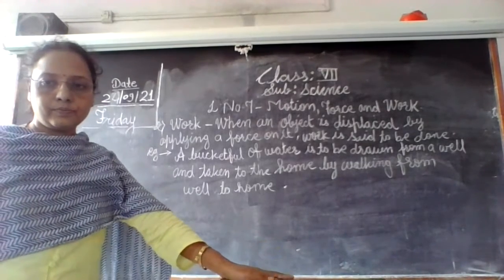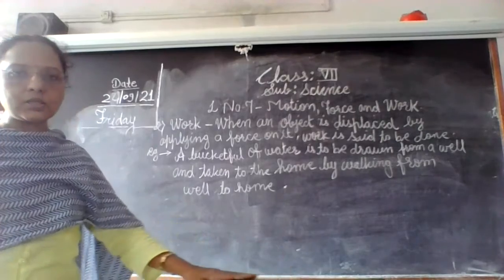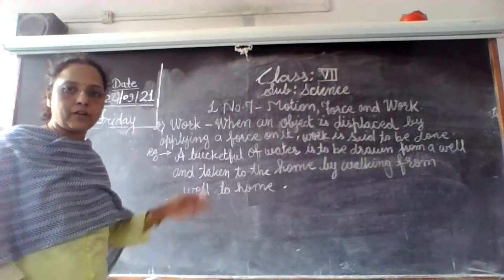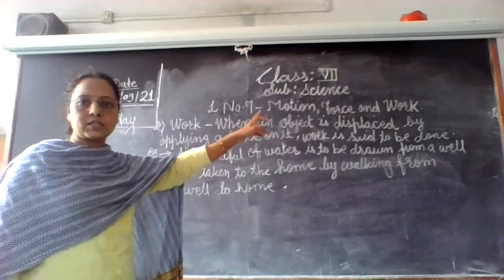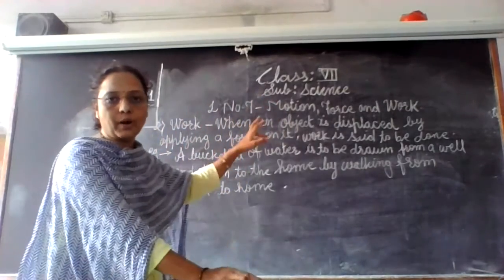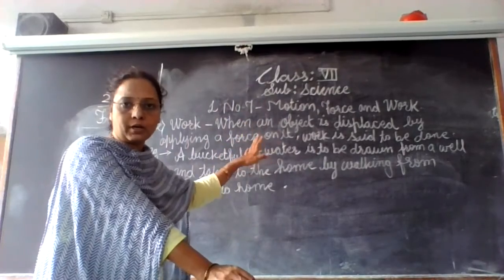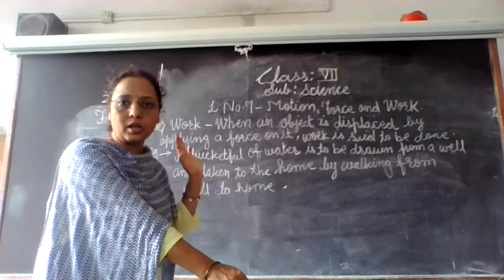Then few more examples you can write of it. So this is about work and its definition. When an object is displaced एक जगह से दूसरी जगह ले जाना by applying the force on it. कोई भी काम करने के लिए हमें फोर्स की जरूरत होती है.